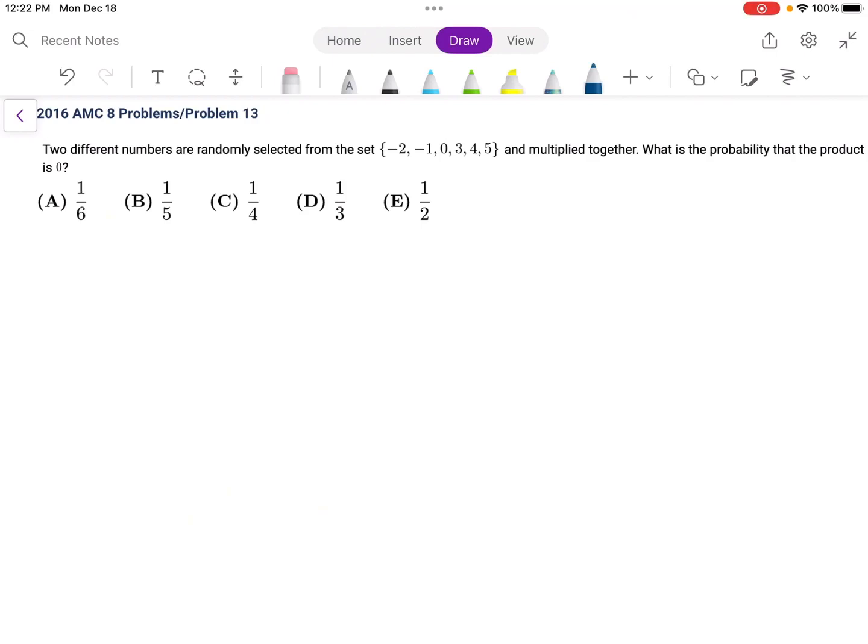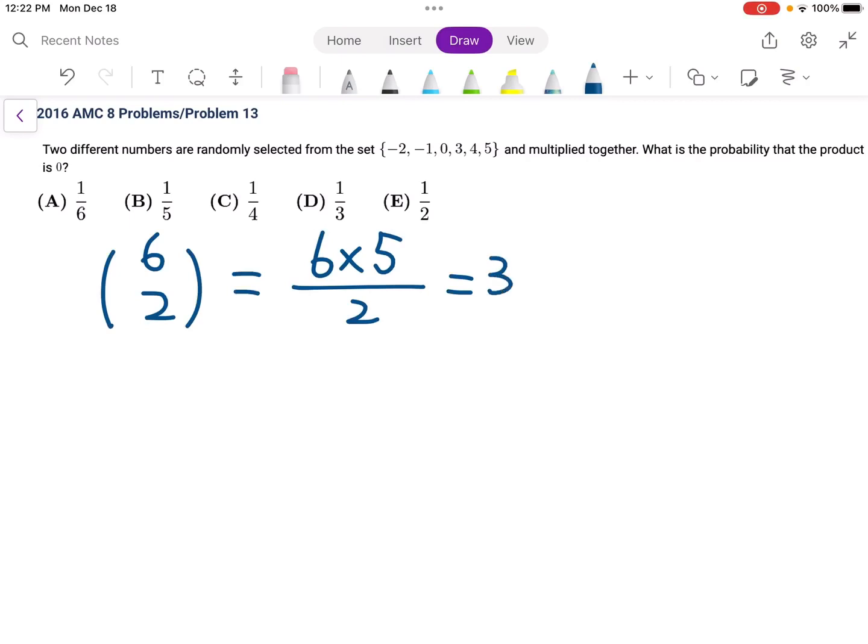Problem 13. First, let's calculate how many different number pairs are there in total when we choose from the set. The set has 6 numbers in total, and so this is a problem of 6 choose 2, and that's 6 multiplied 5/2 equals 15 total combinations.